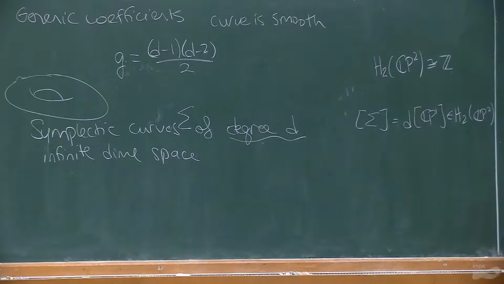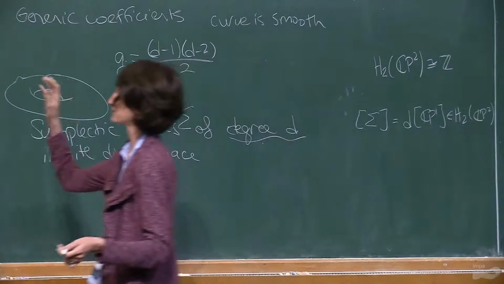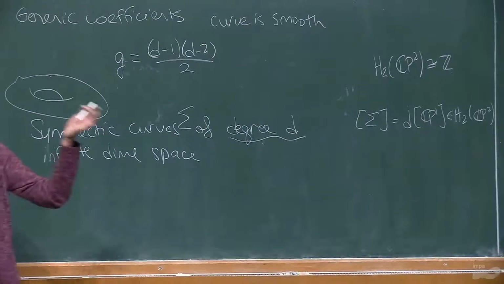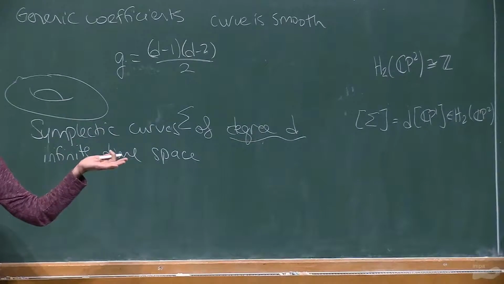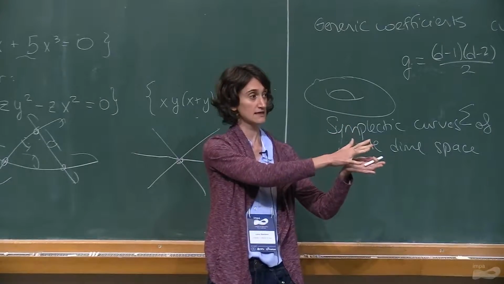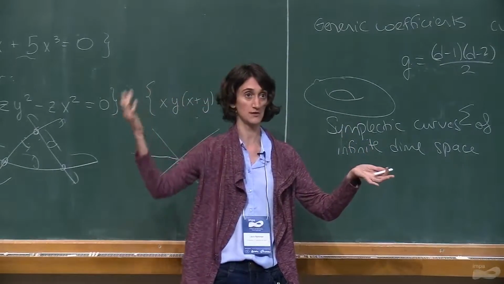But if they are homologous, then I could ask, are they isotopic to each other as smooth surfaces, as symplectic surfaces, as complex curves? So for smooth complex curves, if I start with two complex curves of the same degree and they're both smooth, I can get a family between them, connecting them, which are all smooth complex curves.